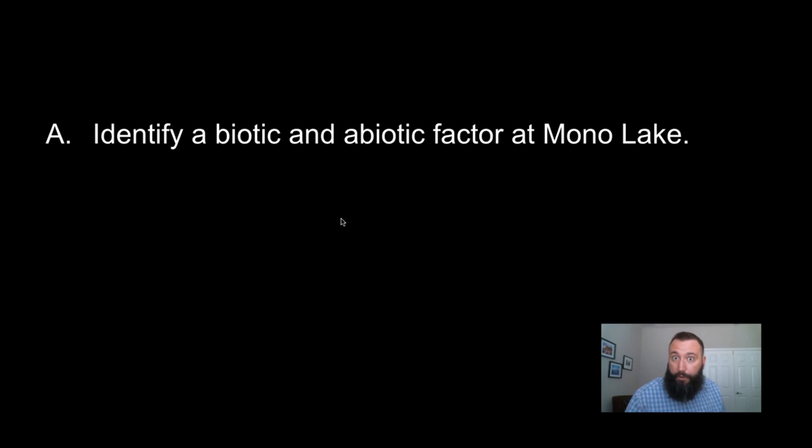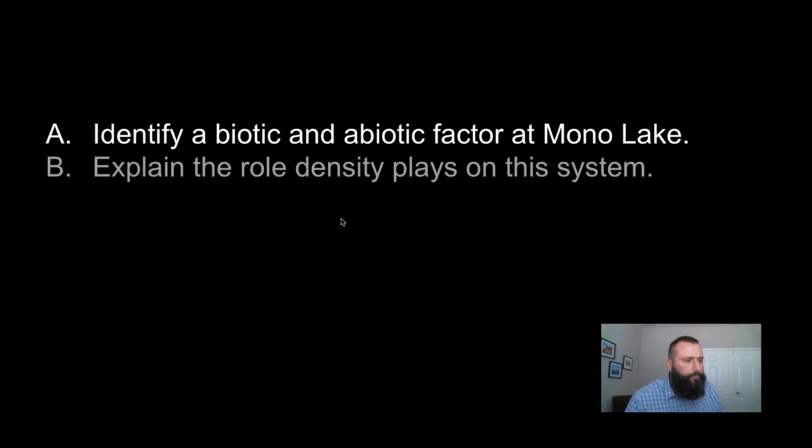You could have said the California gull or any of those number of birds. Absolutely. The abiotic factors at Mono Lake, I wrote down water, salt, the pH of the water, minerals available in the rocks, the calcium carbonate, the tufas, the amount of sunlight, the runoff amounts from the area, right? How much water goes into it.